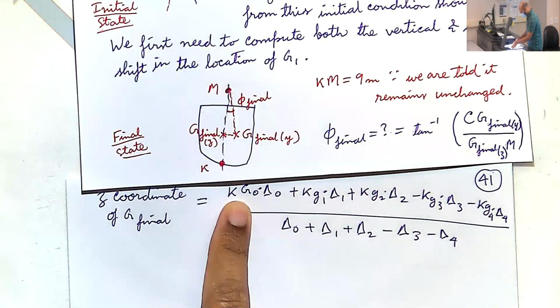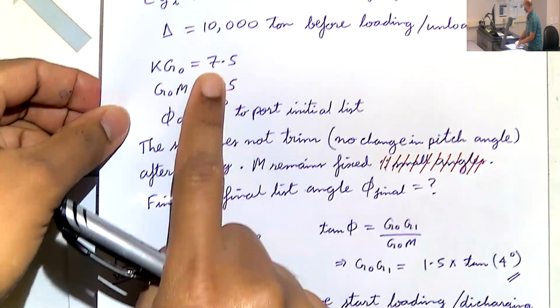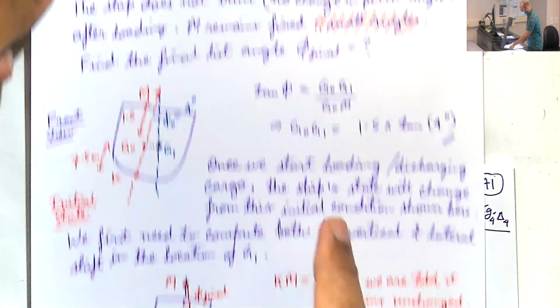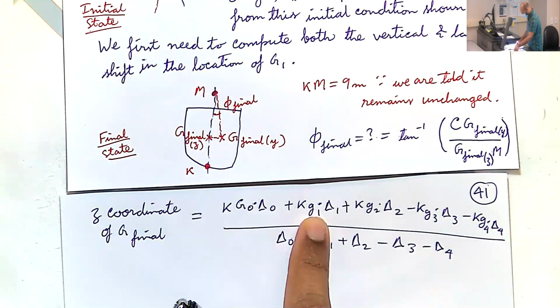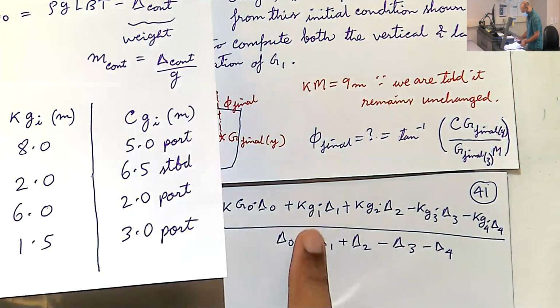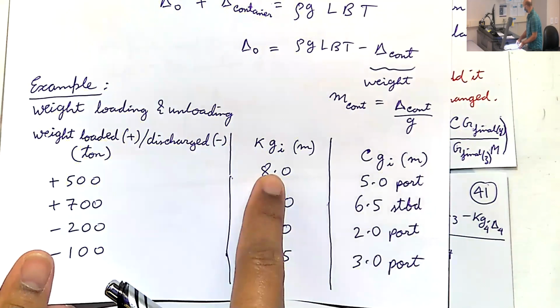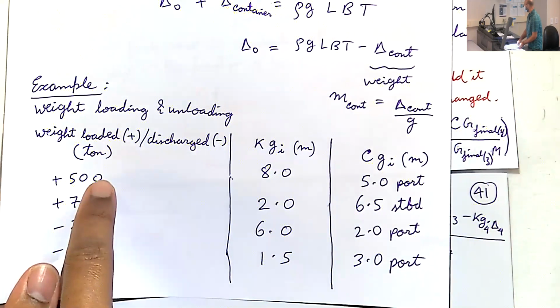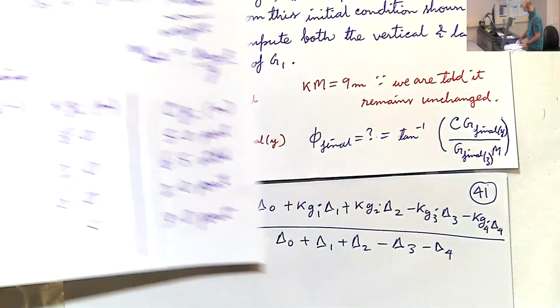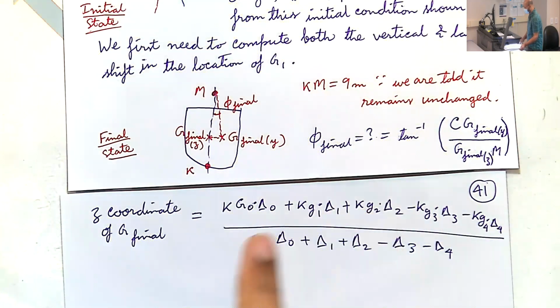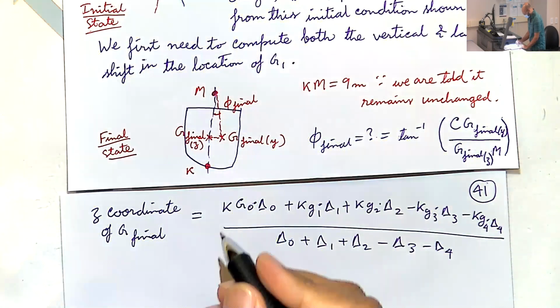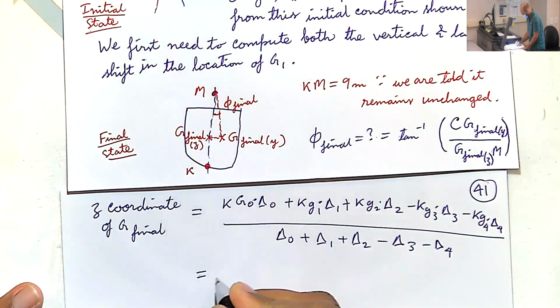And see, we know all the numbers. KG0 is given to us here, 7.5. Initial displacement is given to us, 10,000 tons. All the additional masses we know. KG1 is 8, KG2 is 2, weight 1 is 500, the other one is 700. So all the numbers here are known. So that's a straightforward one. All right, and you do the same thing for computing the, okay, let me just write out the numbers so you know exactly.